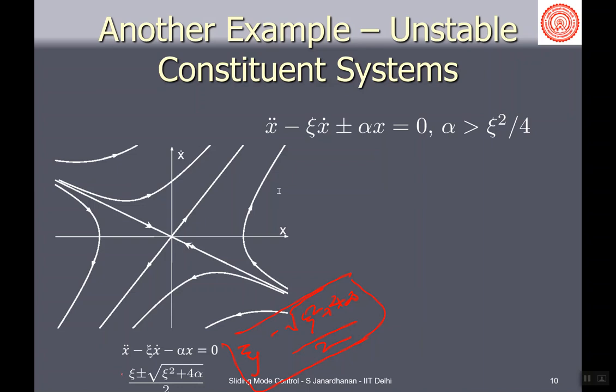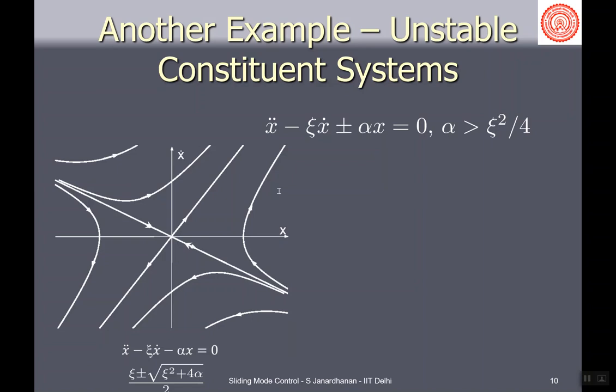So there is one unstable mode here and there is one stable mode here, and the eigen directions of this are given in this manner. This is the unstable direction, this is the stable direction. But that hardly matters because the system, even with one unstable mode, is an unstable system.